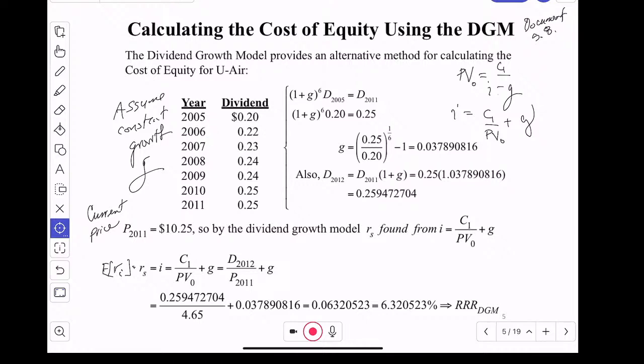So 1, 2, 3, 4, 5, 6 periods of growth between 2005 and 2011. Remember the discussion about intervals versus payments? There are 6 intervals, so 6 periods of growth from 2005 to get to 2011. So I put in my dividend in 2005 and 2011, and I solve for G. G ends up being this number, and I use it to get the next dividend in 2012.